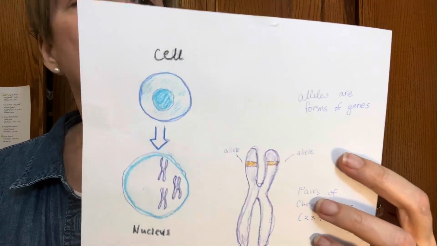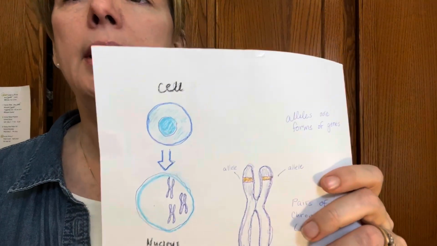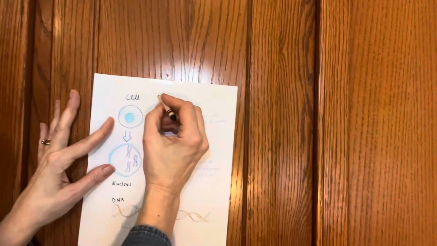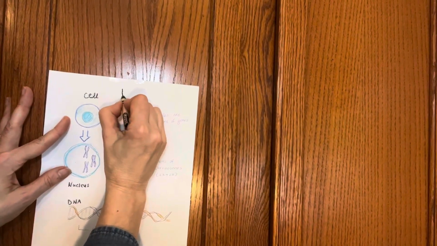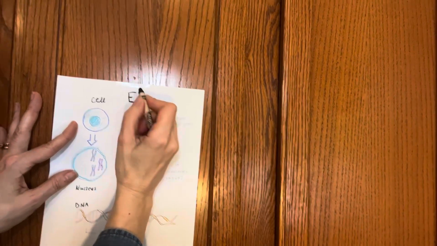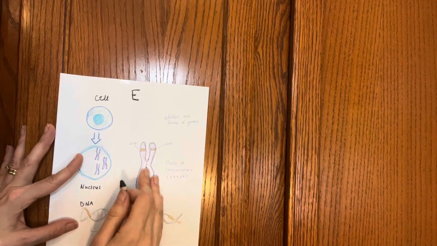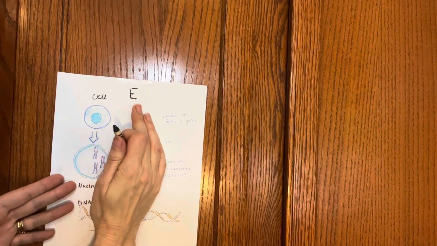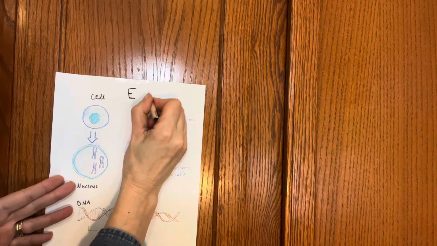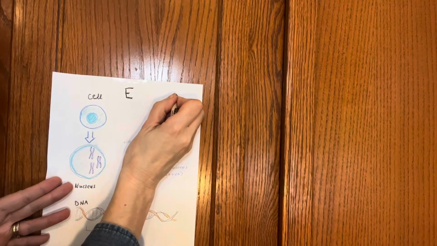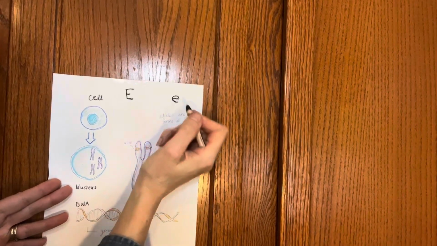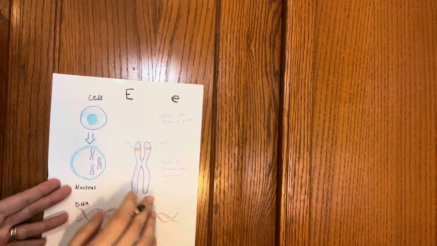Right now, I'm going to talk about the E color gene. The large E represents a dominant trait, whatever trait you're talking about, the capital is always the dominant trait, and the small lowercase represents a recessive trait.